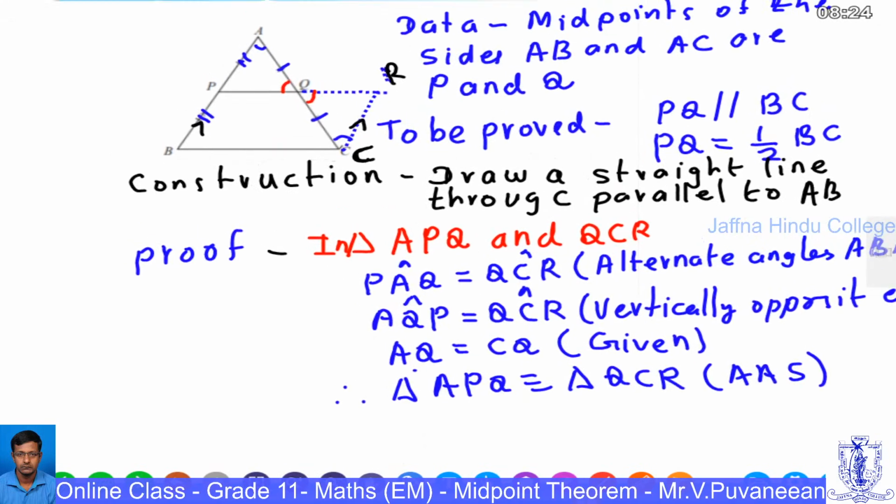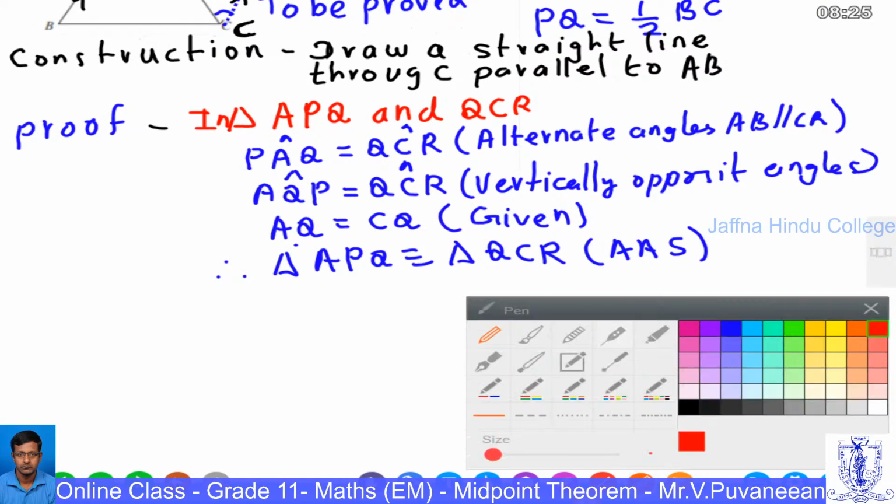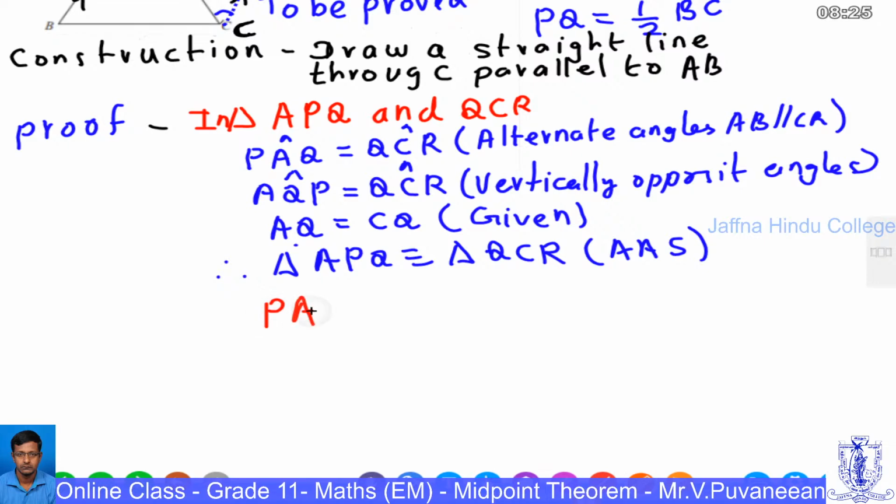In the figure we can say PA equal to CR. Why?